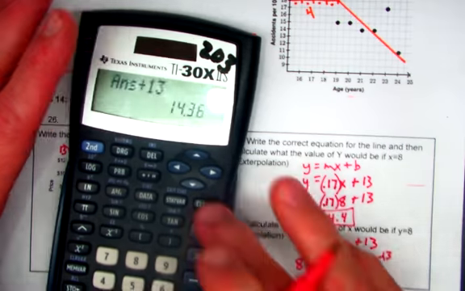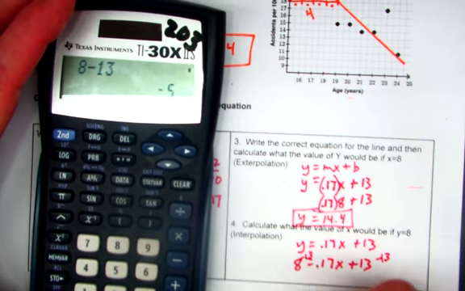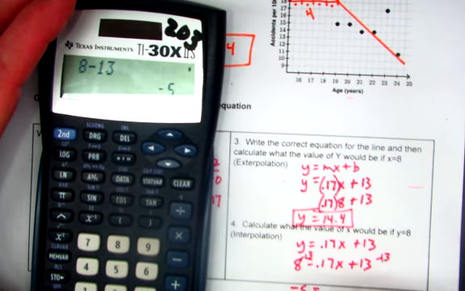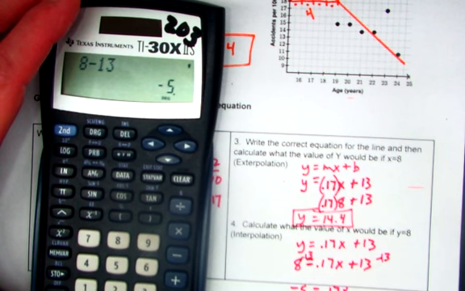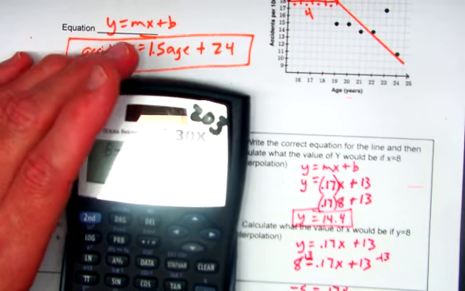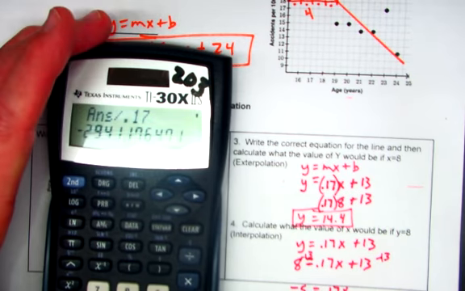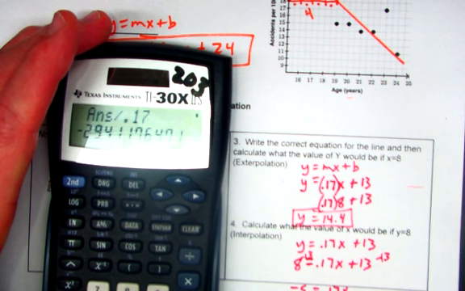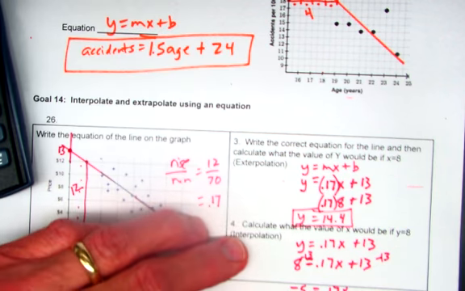What is 8 minus 13? 8 minus 13 equals negative 5 equals 0.17x. To solve for x, I have to divide by 0.17 on both sides. Negative 5 divided by 0.17 equals negative 29.4, which is what x equals.